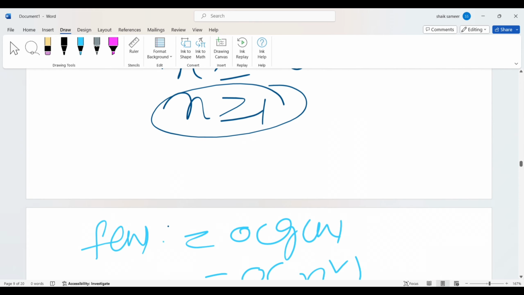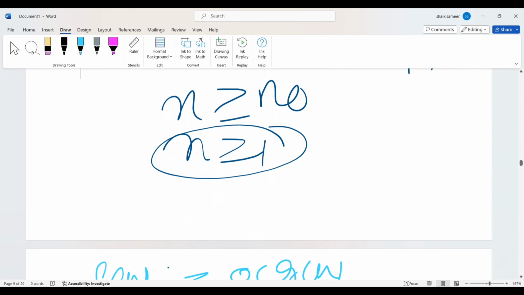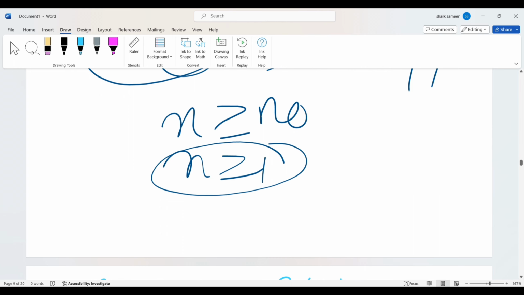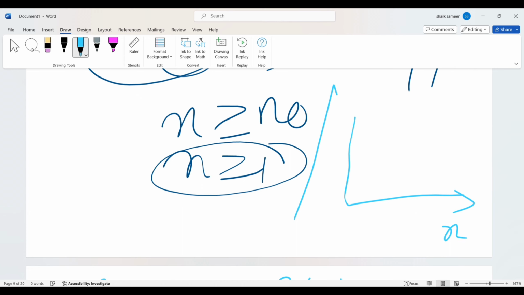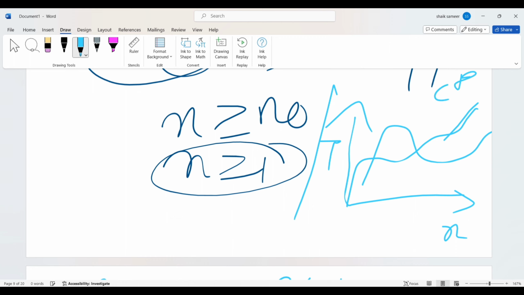So c equal to 7 you have substituted for n equals 1. So the condition becomes n greater than or equal to n naught. When you draw the graph, on the x-axis you take input size, and on the y-axis you take time. This is c into g of n, and this is f of n.